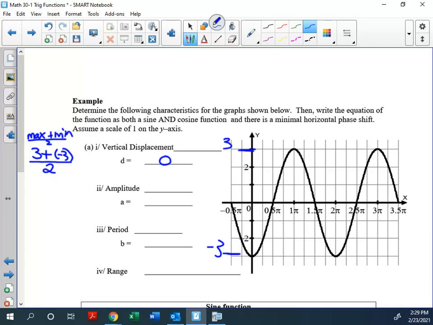Amplitude, again, this one's pretty and easy, we can see it, but if I didn't know what it was, if I had to dive into it, I would subtract my maximum and my minimum and divide it by 2, giving me 6/2, which is 3. So again, I don't need to do it for this one. I know, I'm trying to teach you something that makes sense. I'm trying to connect the two.